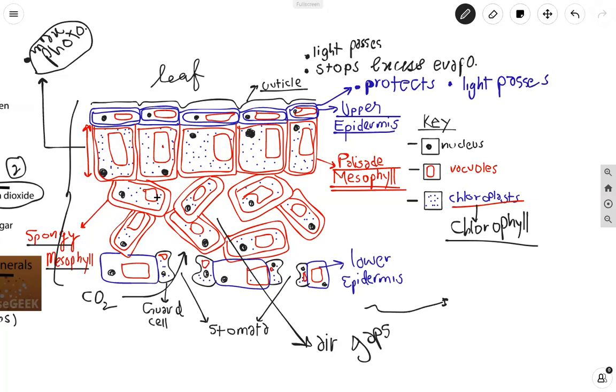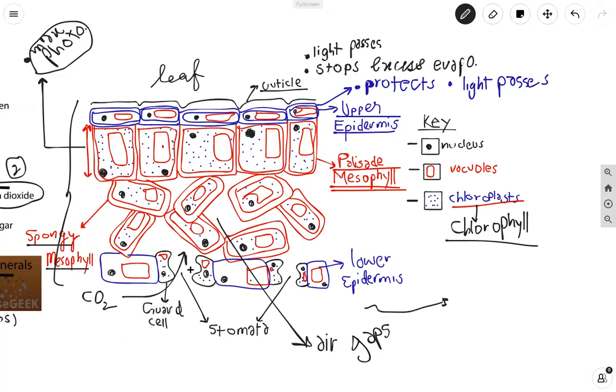All the cells that I've shown with these blue dots do photosynthesize. The spongy mesophyll has relatively fewer chloroplasts, but it nonetheless photosynthesizes. So these gaps are very important. They allow the gaseous exchange, and once photosynthesis has been completed, the resulting gas, which we will learn is oxygen, also exits from these air gaps and out from the stomata.